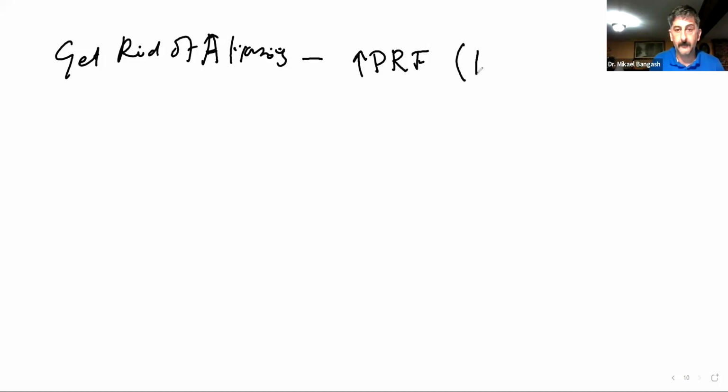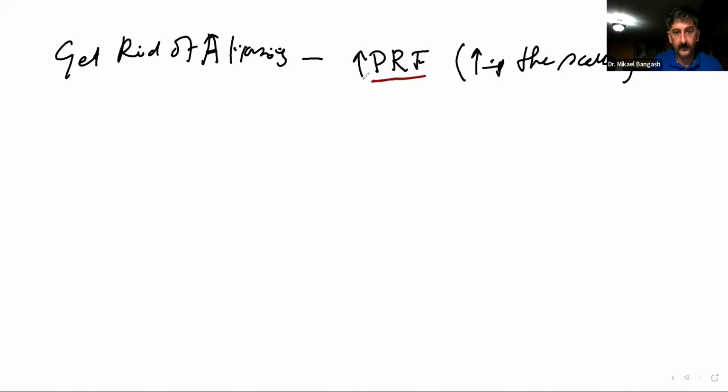In the previous chapter it said increasing the scale. But what we actually meant by increasing the PRF was that there will be an increase in the Nyquist limit.